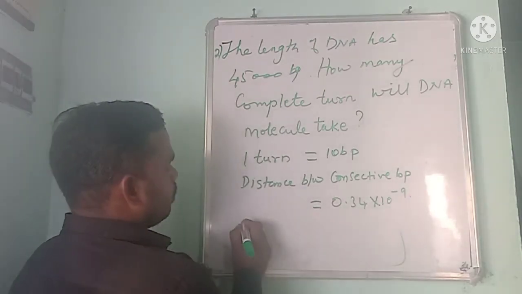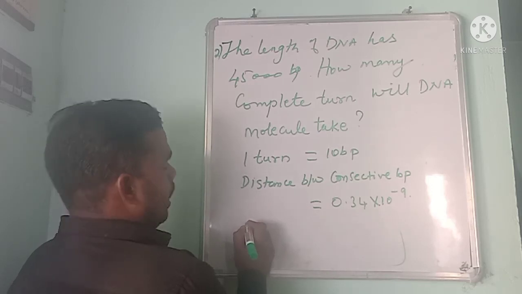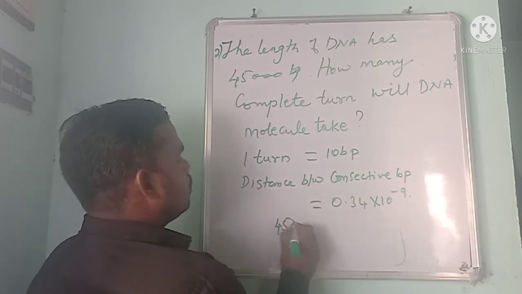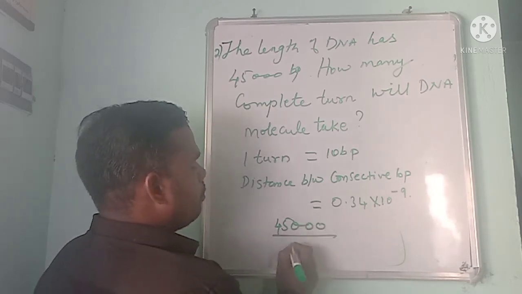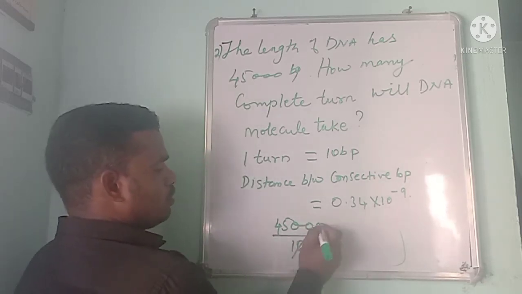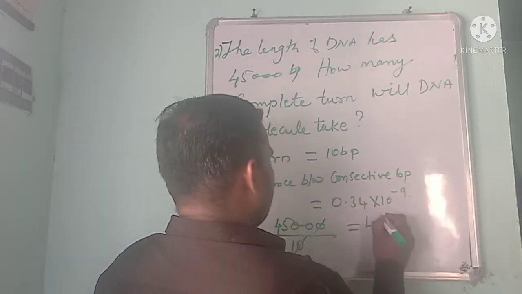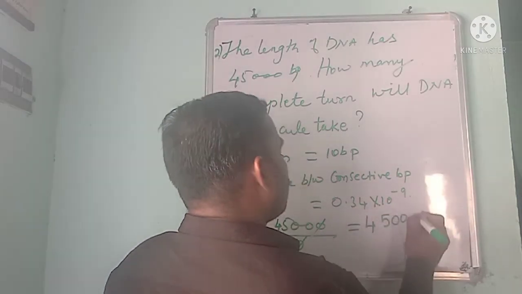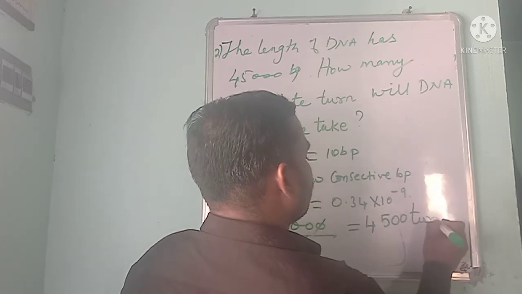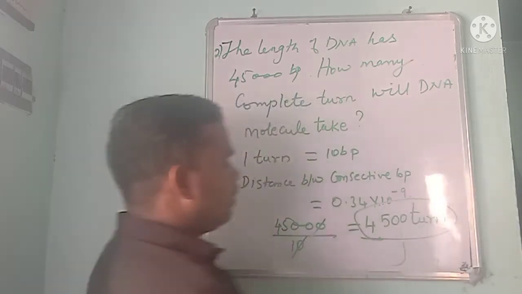So what will we do? It has a length of 45,000 base pairs, divided by 10. So the 0 cancels, and thereby we will have 4,500 turns.